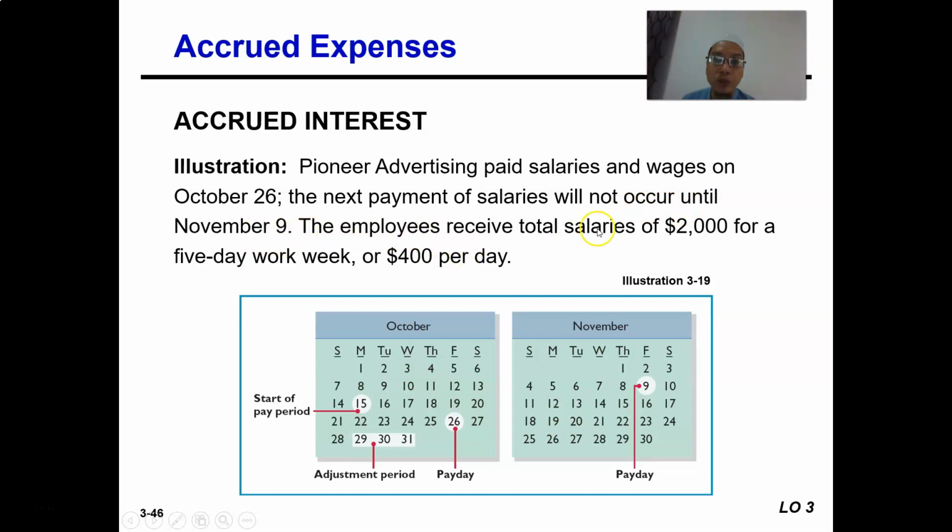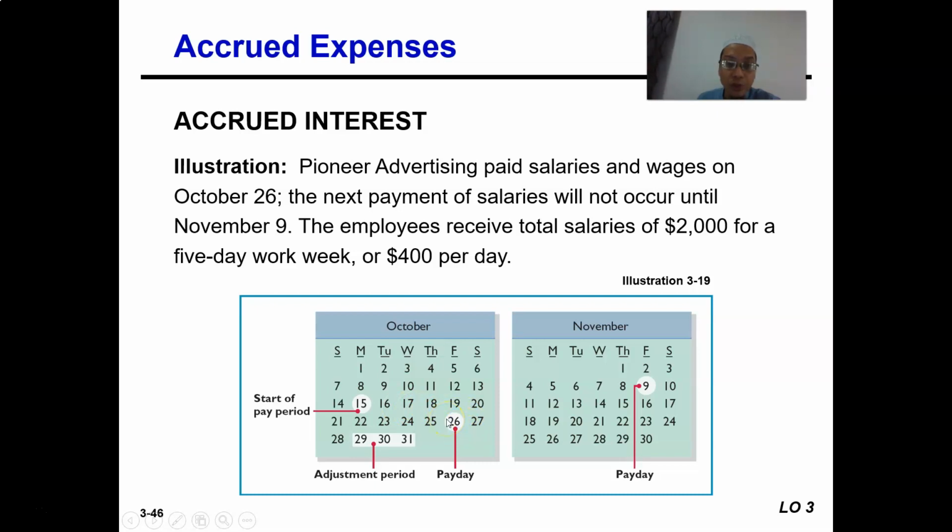The employees receive a total salary of $2,000 for a 5-day work week, or $400 per day. The employees work for 2 weeks, from 15th of October until 26th of October.